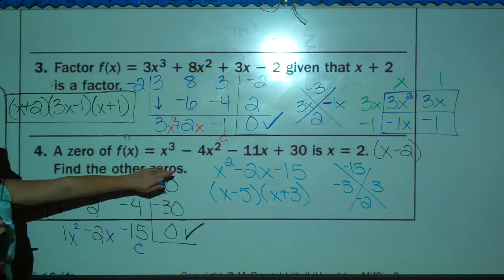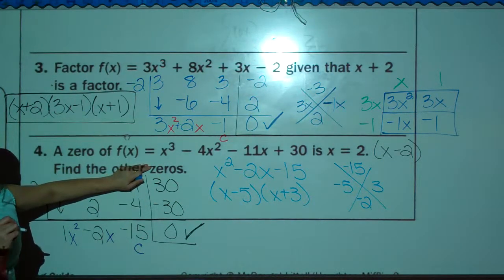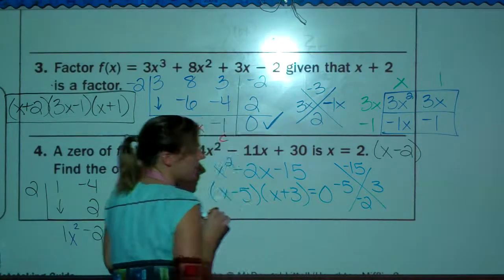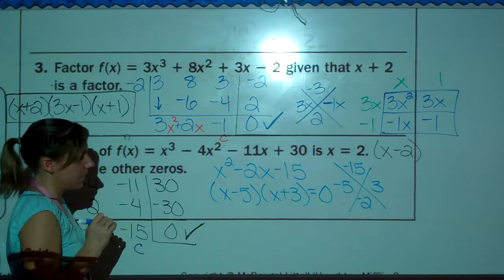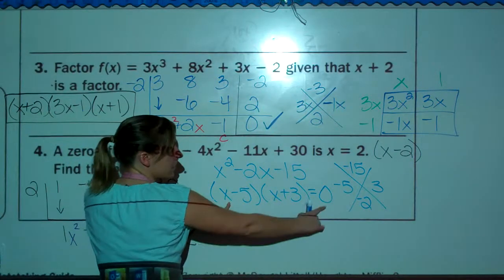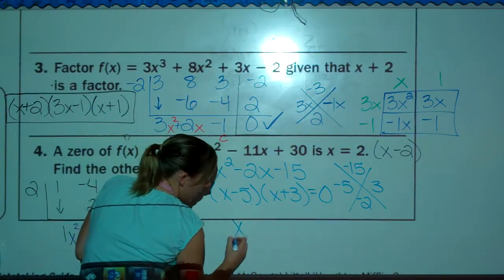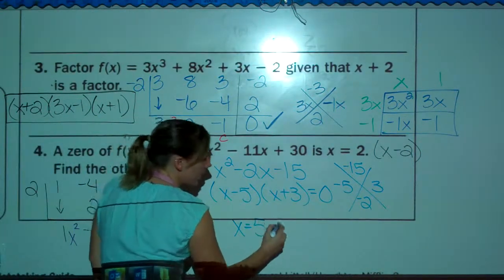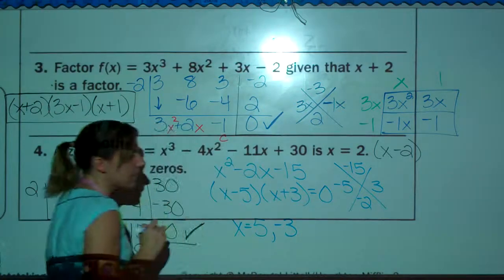But since we're being asked for zeros or solutions, that means each one of them equals 0. So when I add 5, I get x is positive 5. When I subtract 3, I get x is negative 3.